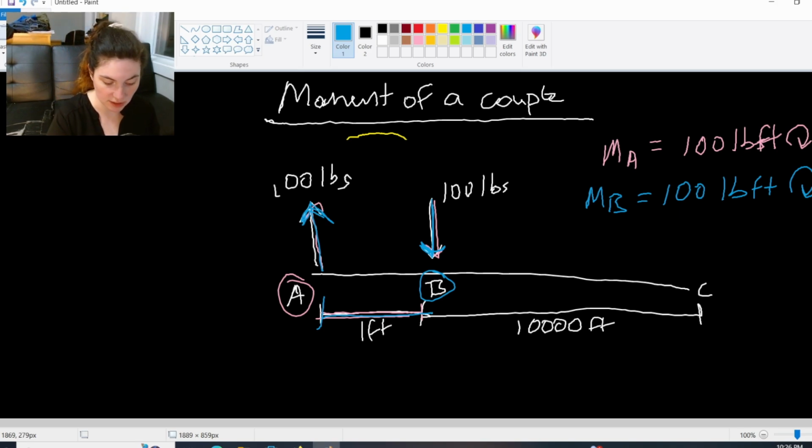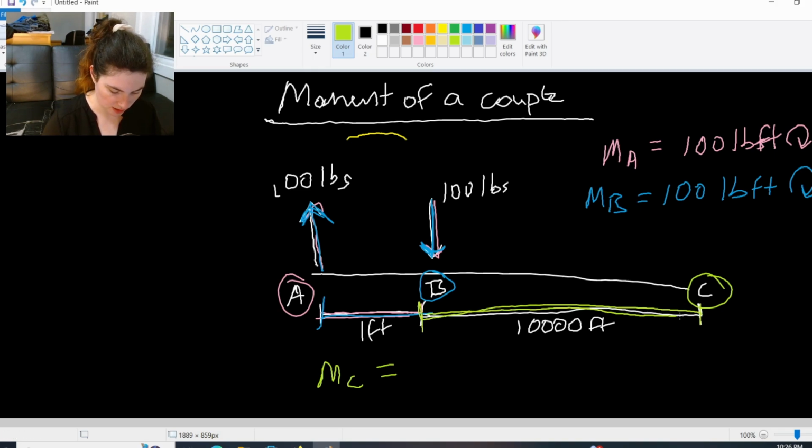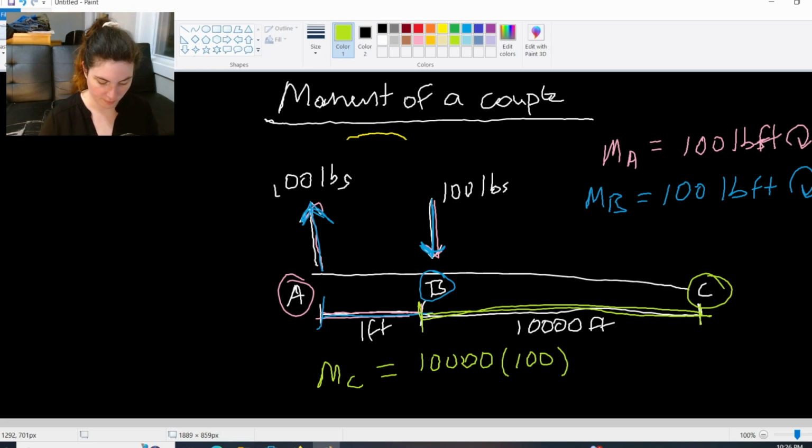And if that's not convincing enough, we could take the moment about point C over here. The moment about C is going to be my 10,000 feet times 100, and that's going in the counterclockwise direction, so I'll make that positive.